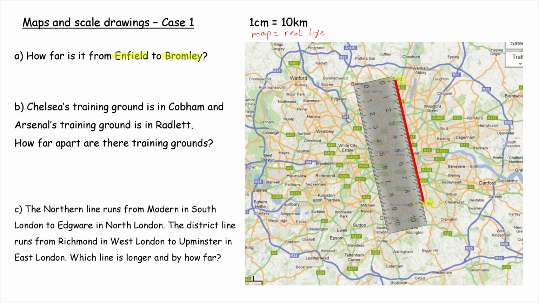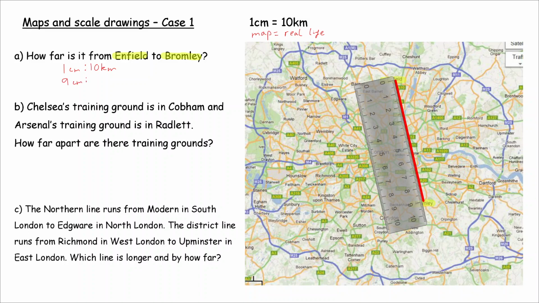Okay, so we know that the ratio is this. It is 1 centimeter is the same thing as a ratio as 10 kilometers in real life. So 10 kilometers. And I've just measured that distance to be 9 centimeters, which is nice. So I've got 9 cm. Now, this one's quite nice and straightforward.